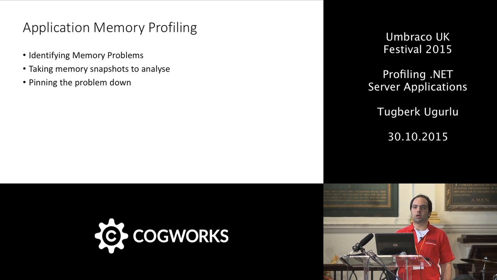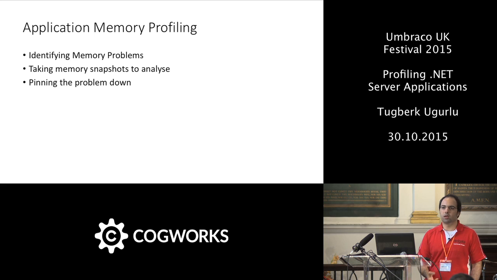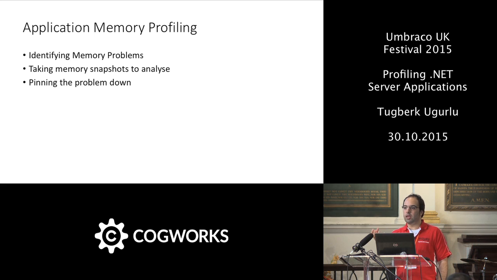You cannot actually understand it while you are debugging it. You need to actually dig very deep into it. You need to understand what's happening inside your memory. And then one of the things to do that is to take memory snapshots to analyze your memory at a particular time. To do that, you need to use a tool somehow.